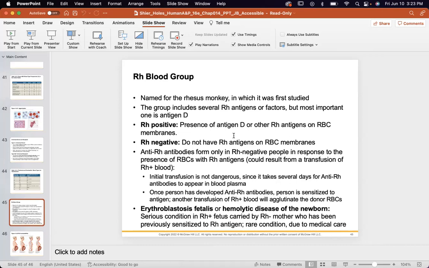So if I am B positive, I have ABO blood type group B, that's one grouping, and I am RH positive. If I am A negative, I am part of ABO blood type group A, and I'm RH negative, that means I do not have any RH antigens on my red blood cell. Okay.